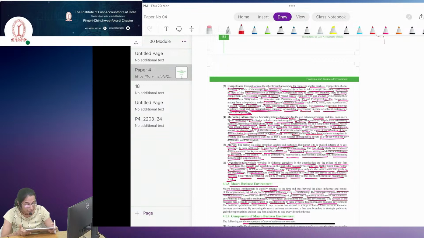So marketing intermediaries bridge the gap between the producers and final consumers. These marketing intermediaries include commission agents, transport companies, warehouses, advertising agencies, marketing research firms, media firms, and financial intermediaries.